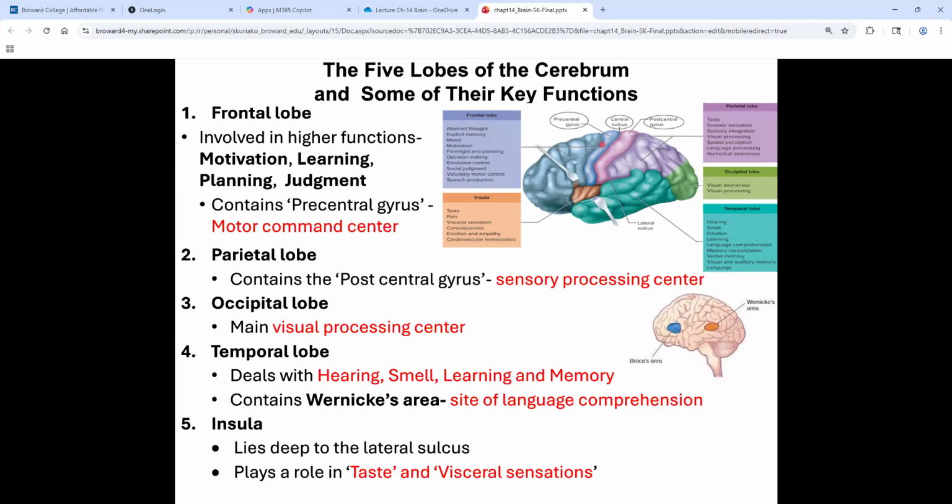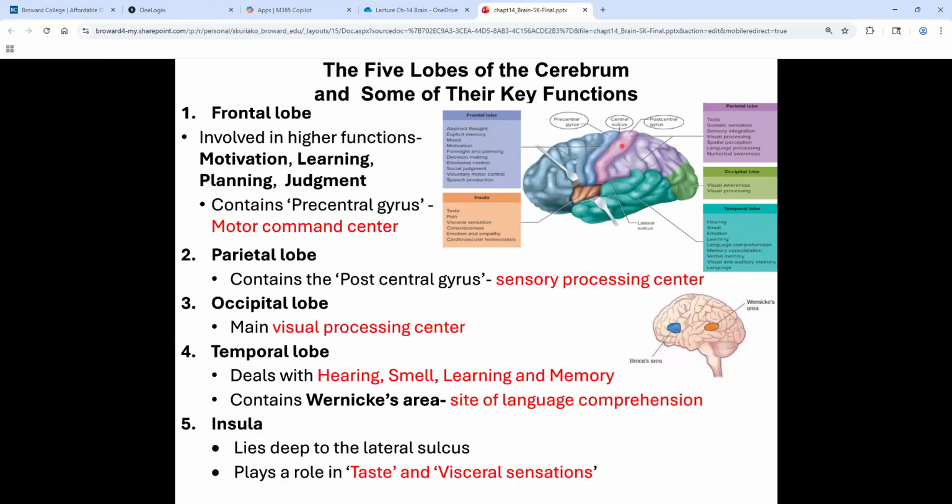Now, behind the central sulcus, you have the parietal lobe, but right here, you have what is known as the post-central gyrus. And this is the sensory command center. So if you get hurt, if you have pain, if you feel heat, cold, temperature, vibration, all that sensory sensation reaches the post-central gyrus.